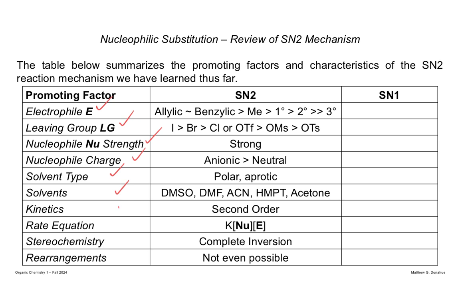The 2 is for the kinetics, so it's second order. The rate equation involves the concentration of both the nucleophile and the electrophile. Stereochemistry, the center is inverted. And the last row says rearrangements.